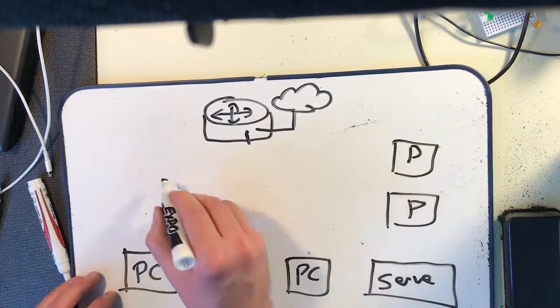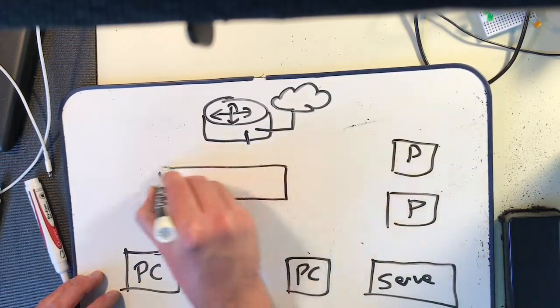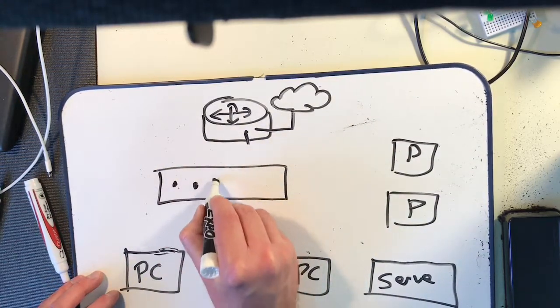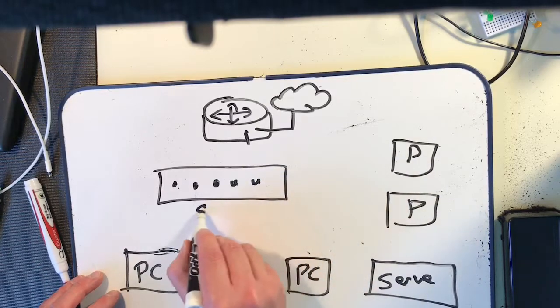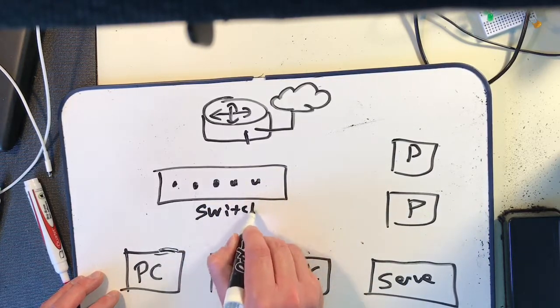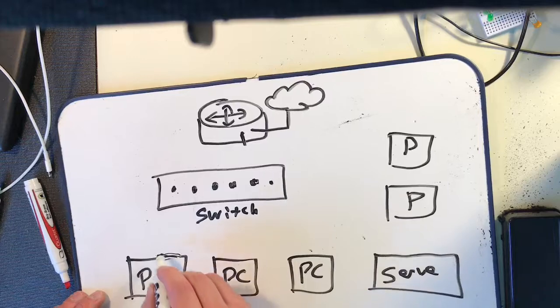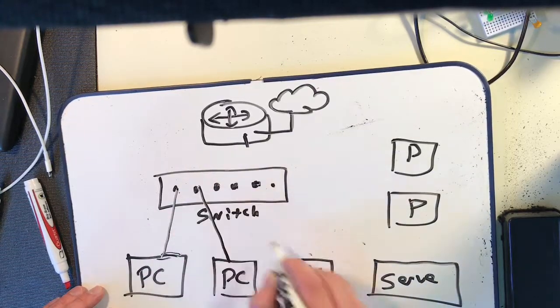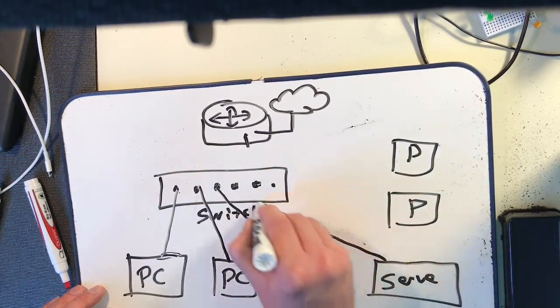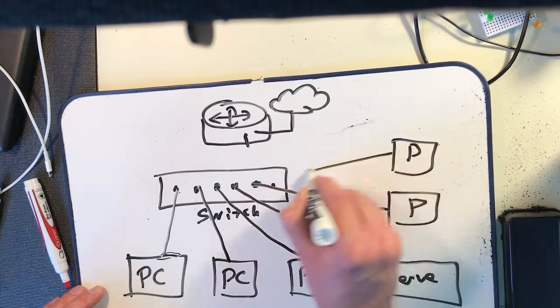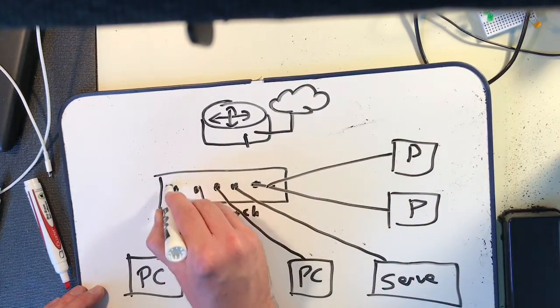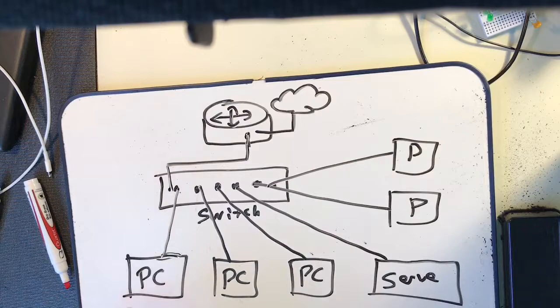Instead, what you need is some kind of middleman, and this is what you would have a switch for. And then each of these devices would have their own connection to the switch. And then you'd have another connection that connects to the router.